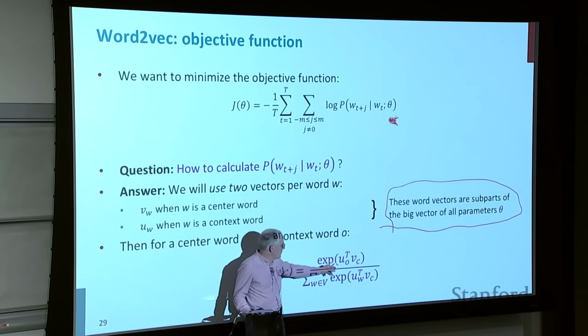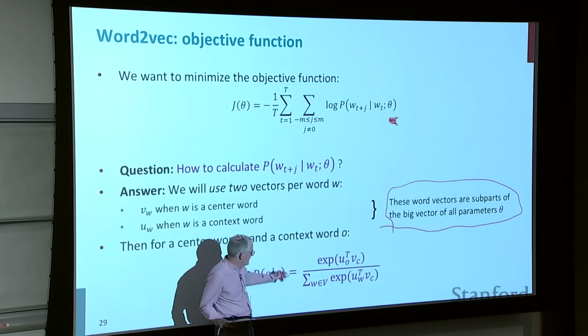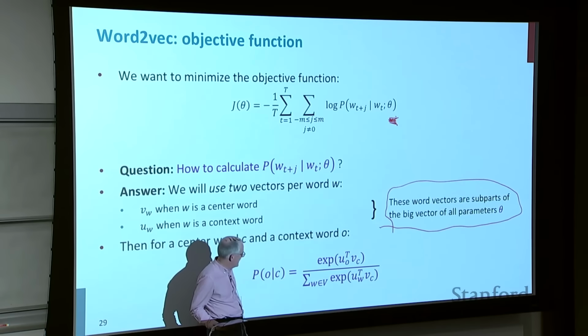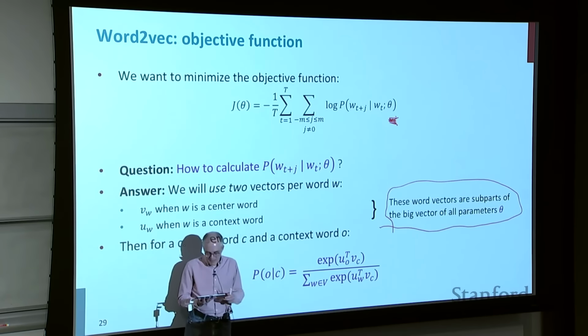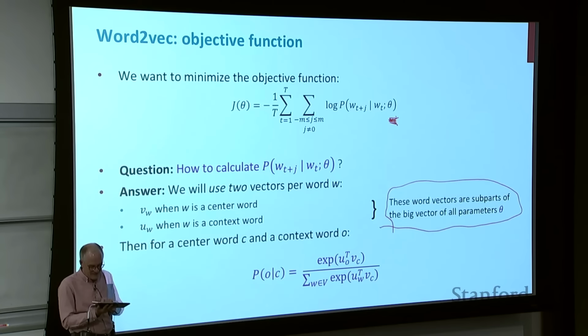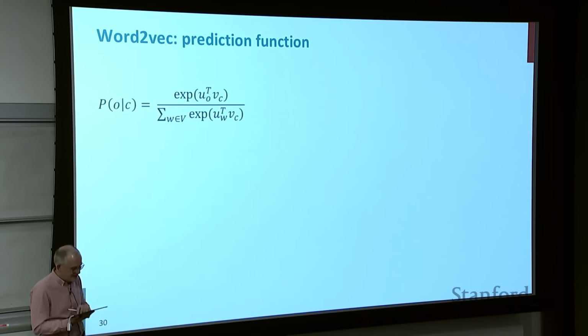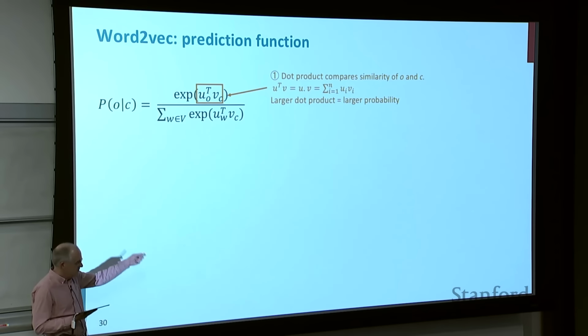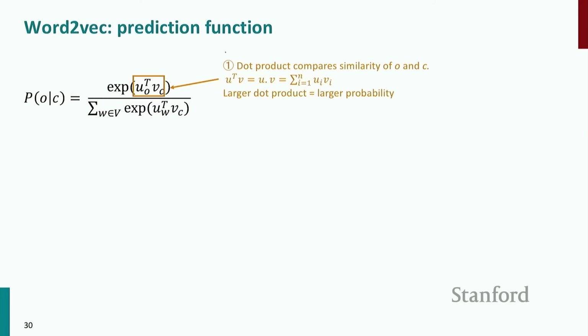Okay, so we're going to work with dot products, and then we do this funky little bit of math here, and that will give us our probabilities. Okay, so let's just go through the funky bit of math. So here's our formula for the probabilities. What we're doing here is we're starting off with this dot product, right?